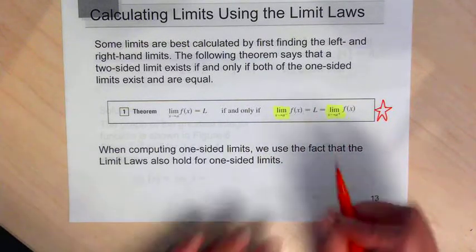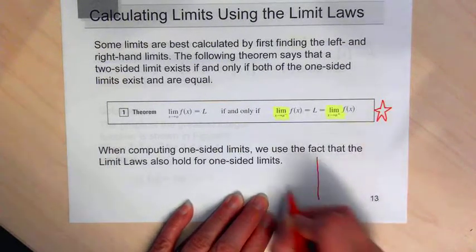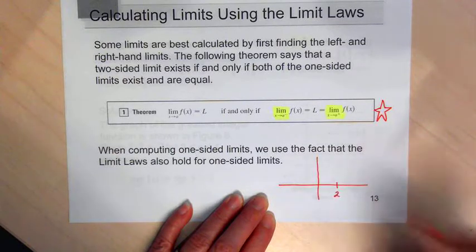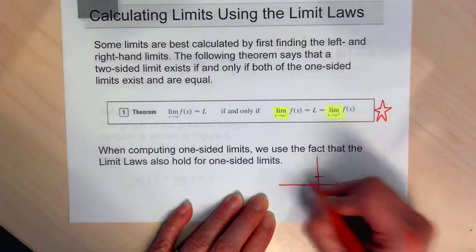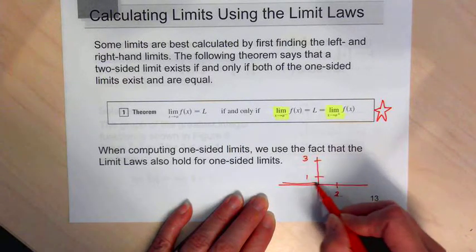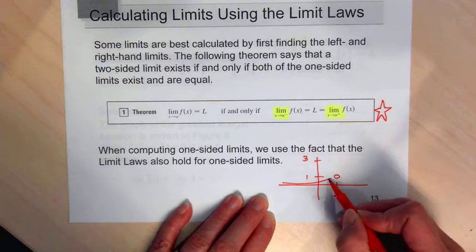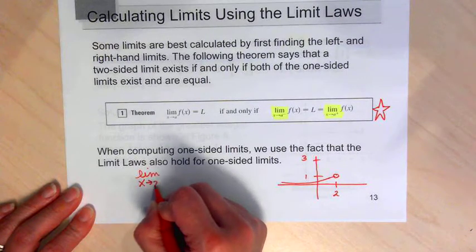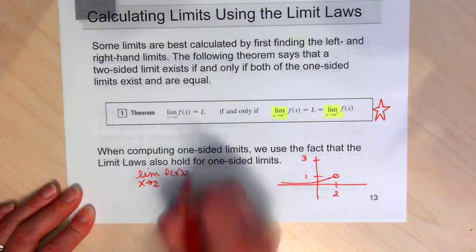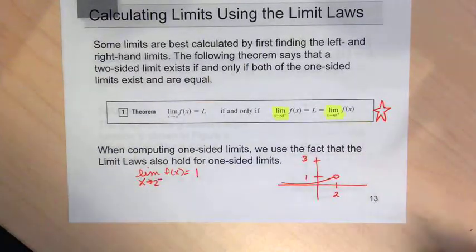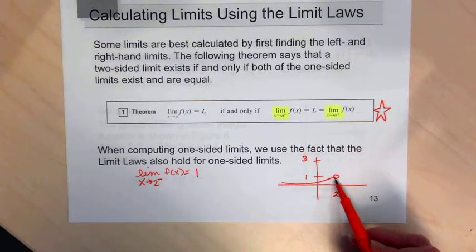So here's an example of a limit that doesn't exist. As x is approaching, let's call this 2, as x is approaching 2 from the left, we could say that the limit is 1, because from the left the value of the function is approaching 1.